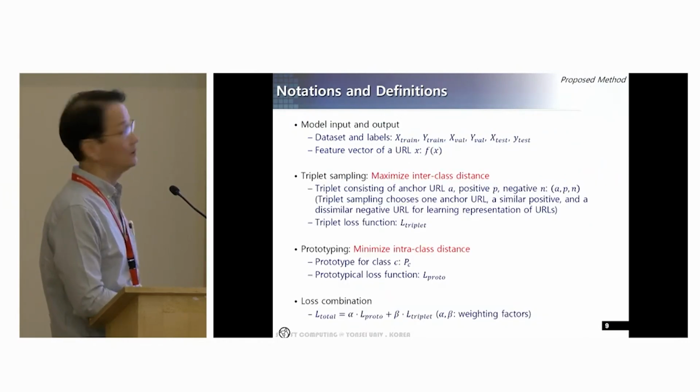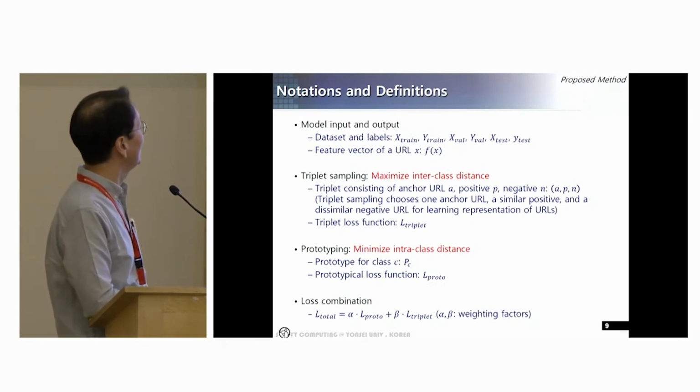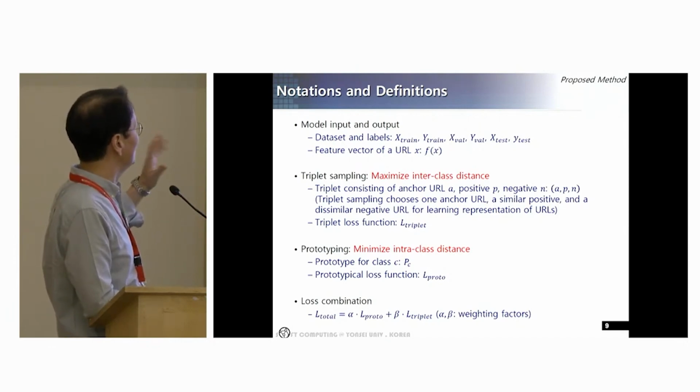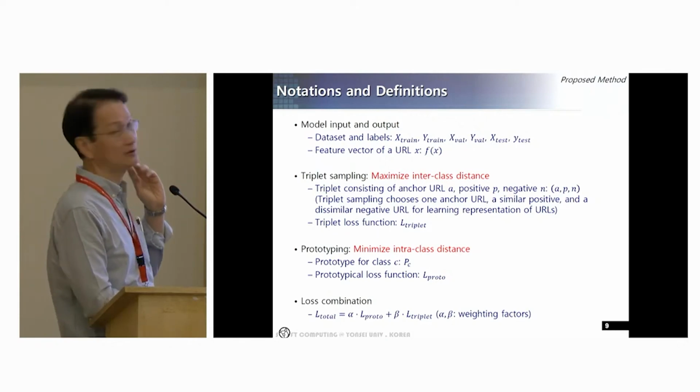In the paper, there are many equations, so we have to define the terminologies and symbols. As I mentioned before, we have to devise two different terms: triplet sampling to maximize the interclass distance, and prototyping to minimize the intra-class distance.